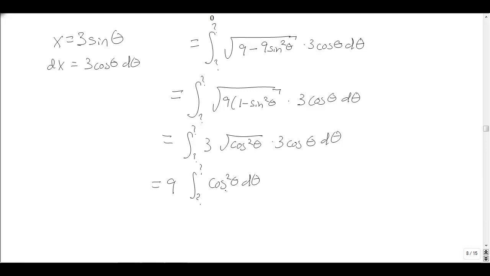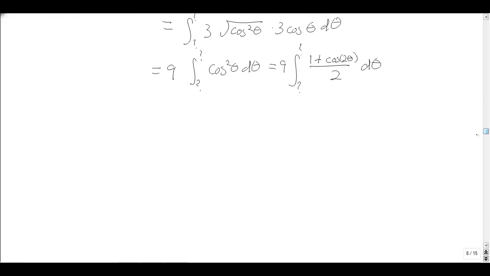Okay, so another trig integral. When you have just a squared theta, what you do is apply a trig identity. Cosine squared theta is 1 plus cos 2 theta over 2. If you had a sine squared theta, it'd be 1 minus cos 2 theta over 2. And so we can pull the 2 out. We get a 9/2 times an antiderivative of 1 plus cos 2 theta.